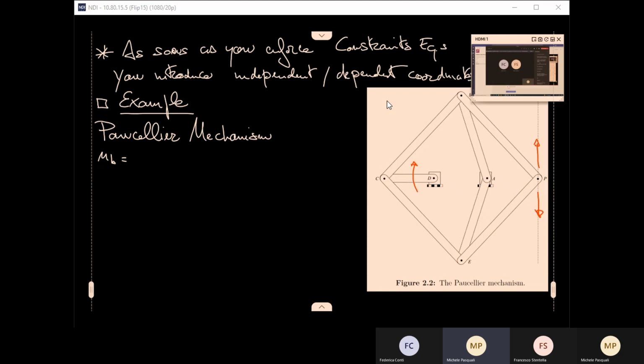Here, for example, you have a body which we can call like this. So here you have one body, which is this rectangle, schematically represented. Then you have another body, which is this rod. Then you have another here, 3, 4. Then you have another small rod here, which is this kind of square.